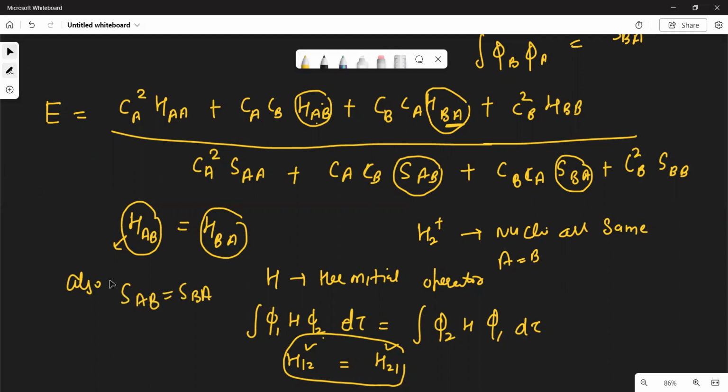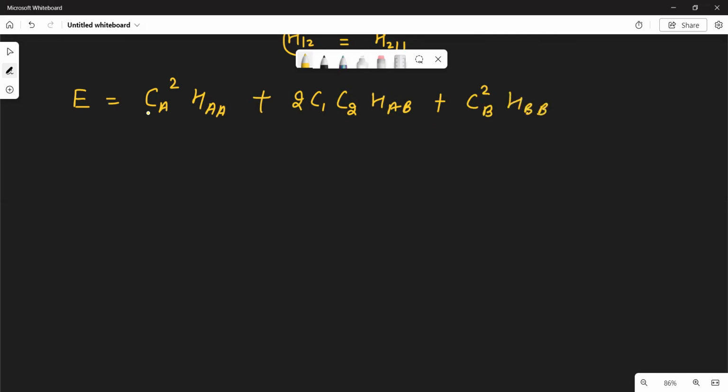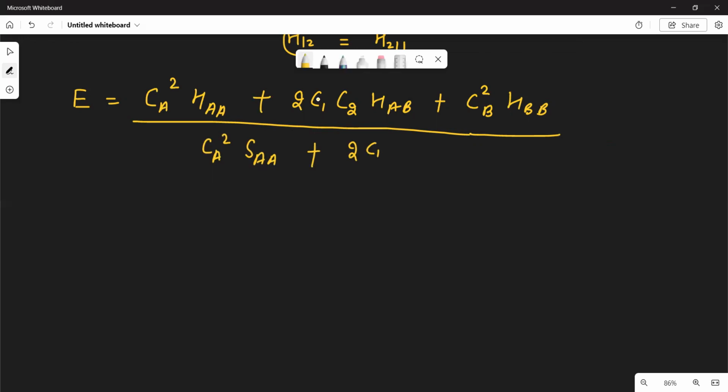Now we will further simplify the integrals and we will write E equals CA squared HAA plus 2CACB HAB, as we add these two terms, plus CB squared HBB, divided by the lower term, CA squared SAA plus, again we will add the two terms, 2CACB SAB plus CB squared SBB.